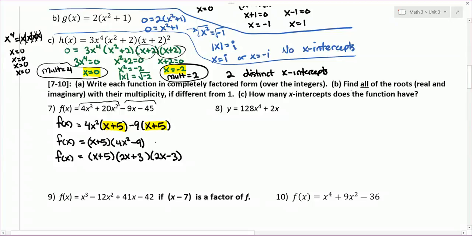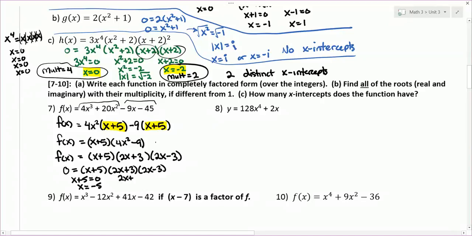Part B says find all the roots, real and imaginary, with their multiplicity. So to do that, we set f of x equal to 0 and solve. Here we set each factor equal to 0, so when x plus 5 is equal to 0, we get x is negative 5.